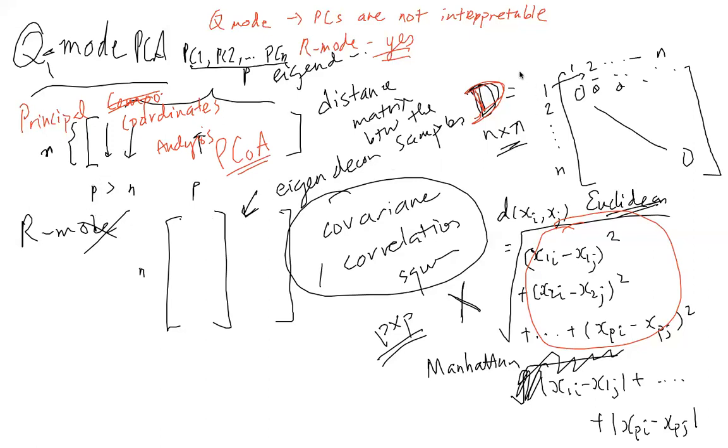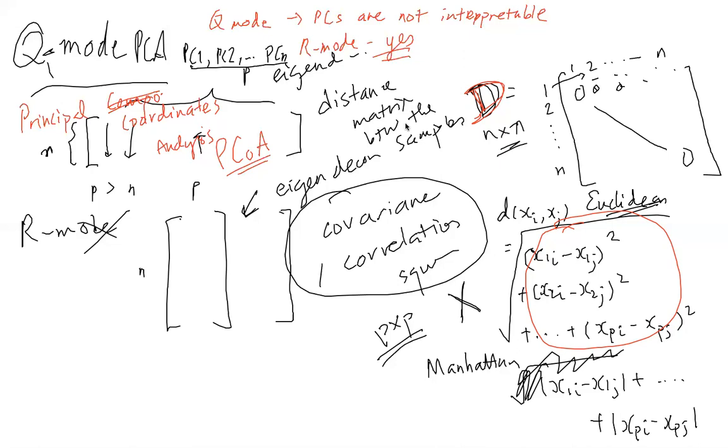Sometimes people discover these things independently and think that it's something new without checking the theory. Then it gets used in applied work a lot, so people don't change it back. So if you see something called PCOA, it's basically just a Q mode PCA. People use that because the number of variables is much larger than the samples that you have, so they just deal with the distance matrix between the samples rather than use the covariance matrix.